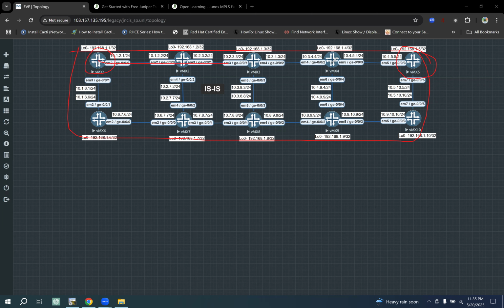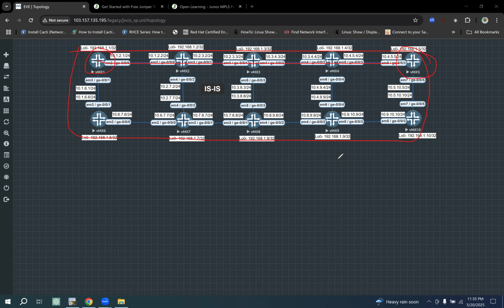This is the shortest path for IGP, it can be ISIS or OSPF. So for MPLS labels, if you configure LDP, LDP copies the IGP path. It does not change the forwarding path.